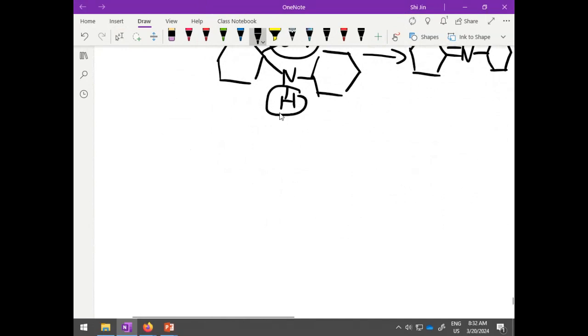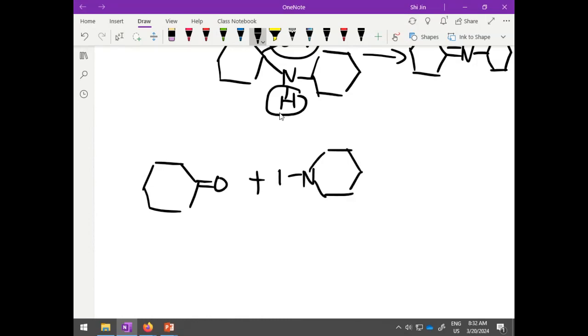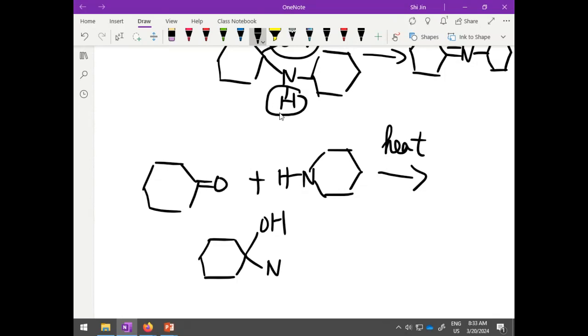Now, if we do it slightly differently, although the reactants look very similar, still we do heating. What will be happening is that in the first stage you have the nucleophilic addition.